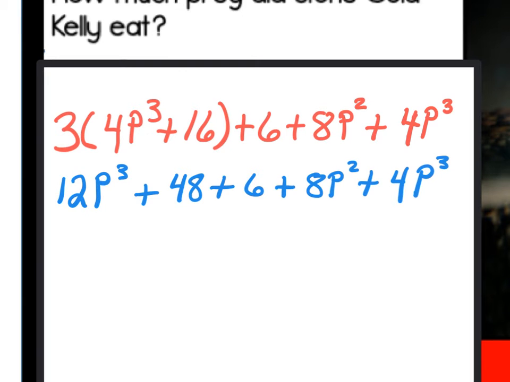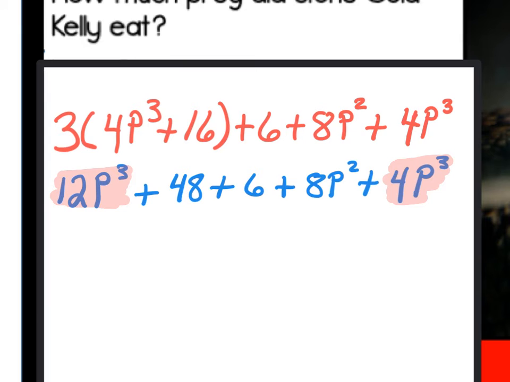The next thing we want to do is start highlighting or coloring the common terms. Let's start with the p to the 3rd power. We've got this 12p to the 3rd power, and any p to the 3rd power we want to highlight in red. I've got the 4p to the 3rd power here, so we'll highlight this in red as well.